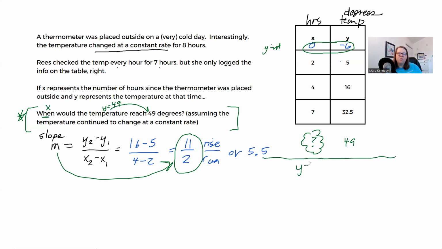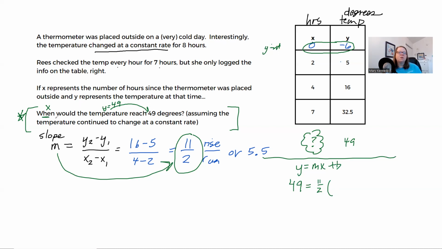We're going to use a formula that you have likely seen many, many times. y = mx + b, right? And we know a Y value. Y is 49. When is the temperature going to be 49 degrees? That's a Y value. We know the m, the slope, is 11/2. We know X is what we're looking for here.